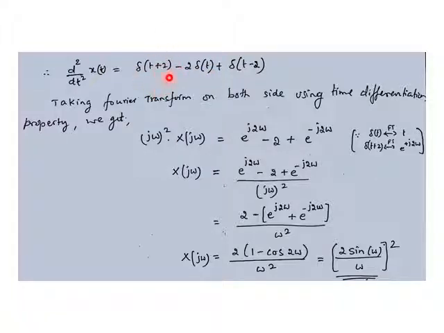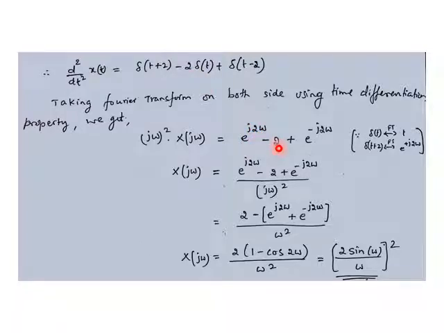If I take delta t plus 2, its Fourier transform is defined as e to the power minus j omega t, with t equal to minus 2. Hence e to the power minus j omega t, where t is minus 2, means e to the power j 2 omega will remain.